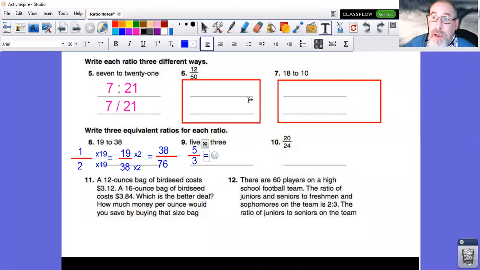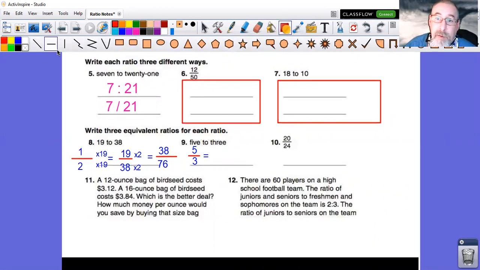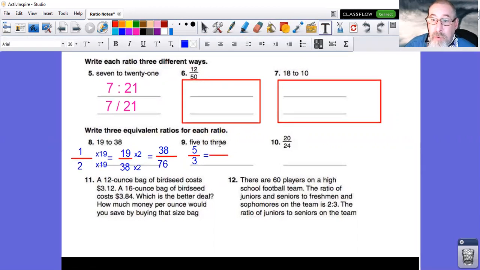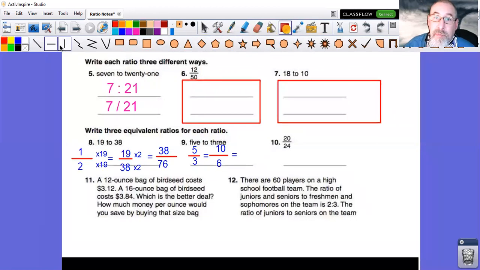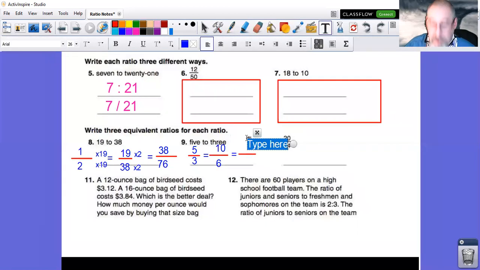If I multiply that 5 to 3 by 2, I would get 10 over 6. If I multiply 10 over 6 by 2, I will get 20 over 12, and so on and so forth.